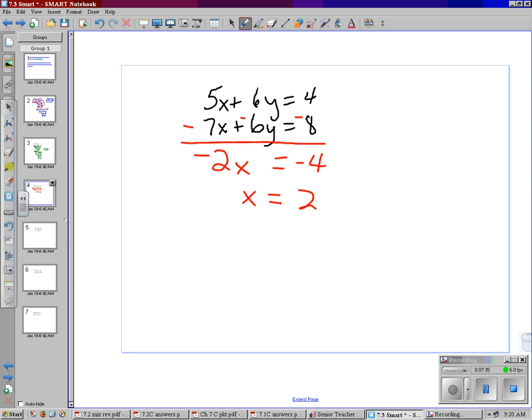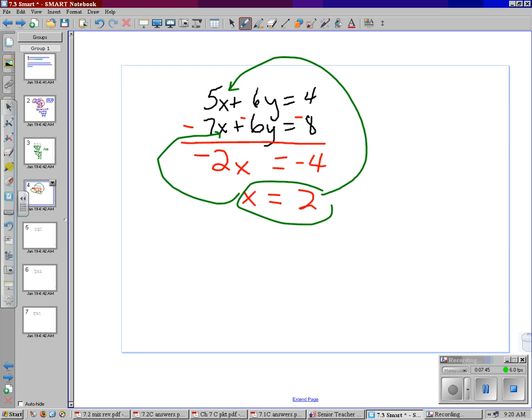Life is good. Now, when you substitute that 2 back in, you may put it back in for x in the first equation, or for x in the second equation, the original one, or you can put it back in the one with all the negatives. May I just give you a hint? Don't do the one with all the negatives, because that's where kids usually goof up.